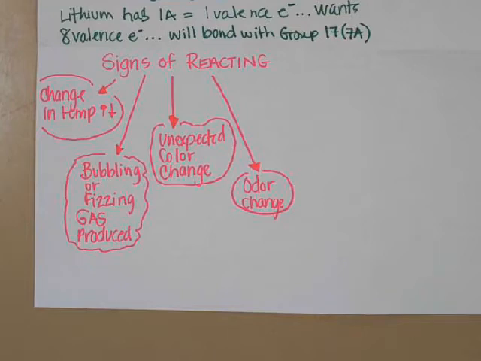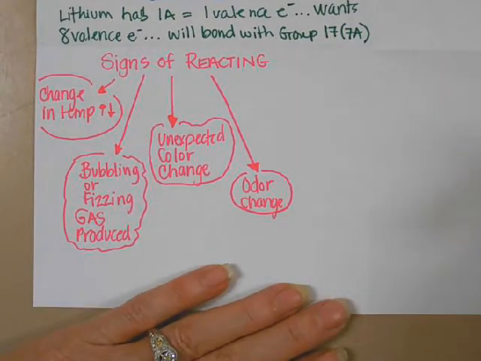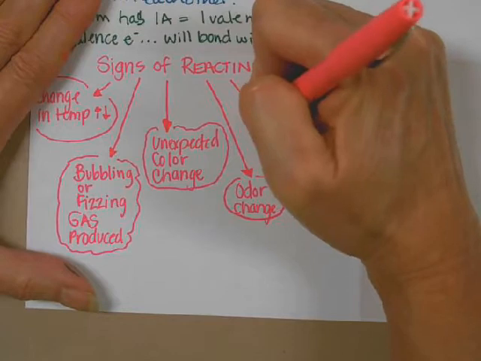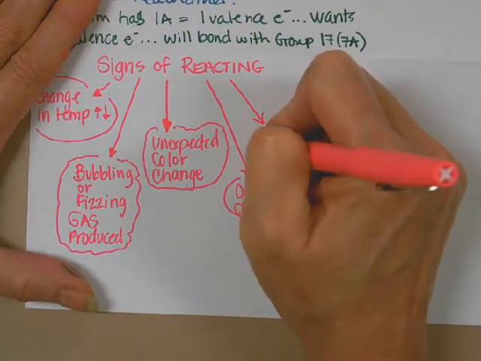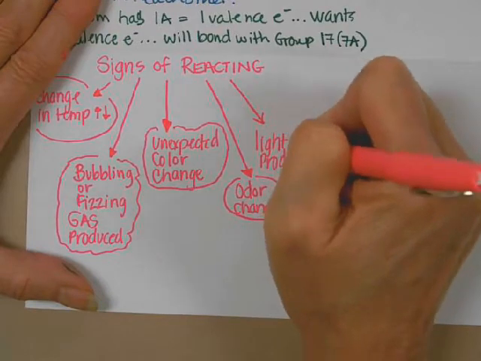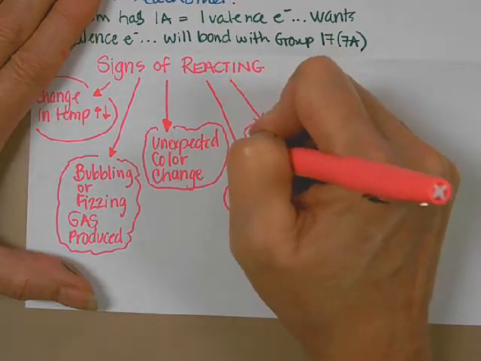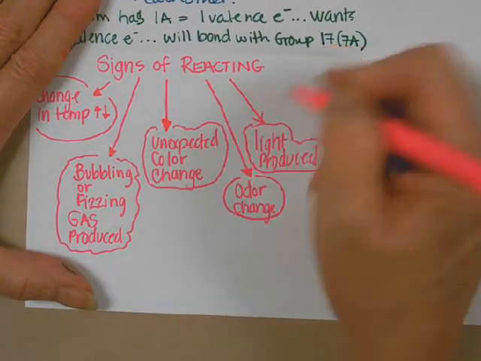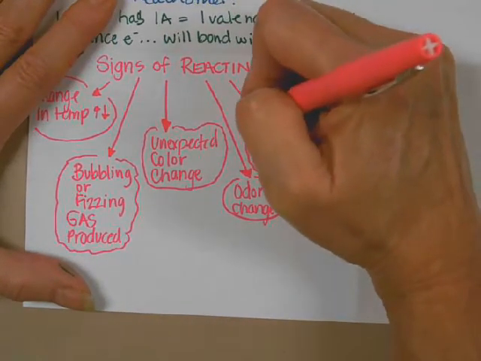What are some more examples? You might produce light, right? Like when you had that glow stick, or that magnesium started to burn, or fireworks, we have that light production. Light produced, and we didn't have any before. And then last but not least, sometimes you get a solid that forms from two liquids.